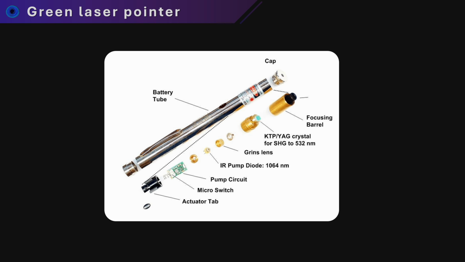It's an infrared laser that's invisible to your eyes. The green you see comes out from a nonlinear crystal inside the device, which doubles the frequency of the infrared light, and that's how you get a bright visible green beam. So the next time you pick up a laser pointer, you will know you are literally holding a nonlinear optics experiment in your hand.